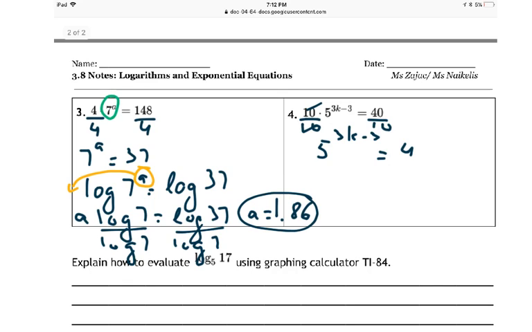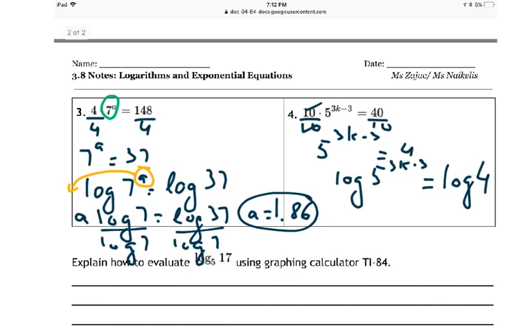So now we definitely know that we cannot write 5 and 4 as the same base. The only thing we can do is the log of base 10. So log of 5 to the 3k minus 3 equals log 4.